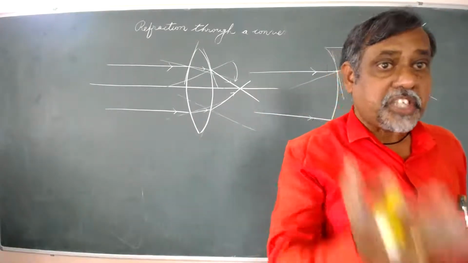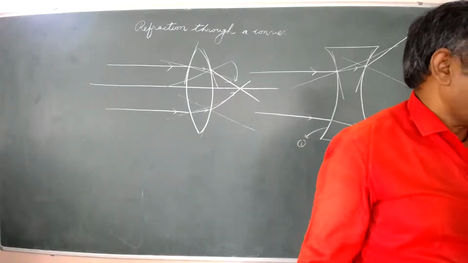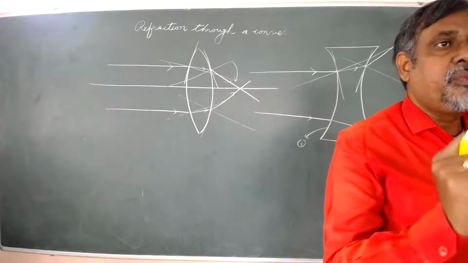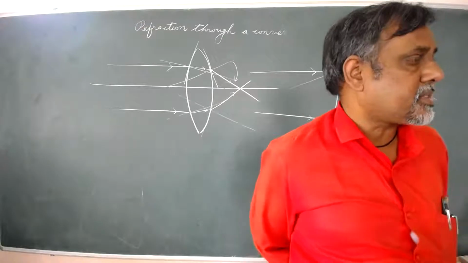Same in the sense that it does not come back; it passes through the other center of curvature, on the other side of the lens.